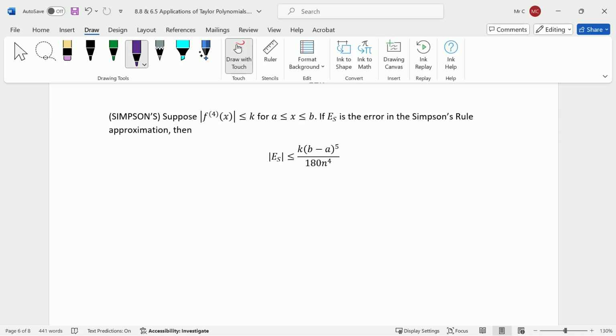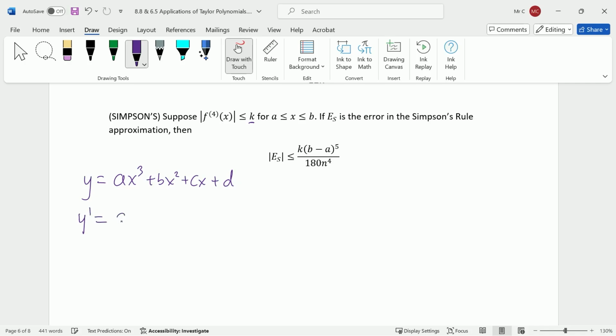How do I know that? Well, again, this result from numerical analysis says that this number k is an upper bound for the fourth derivative. So let's look at the function y equals ax cubed plus bx squared plus cx plus d.